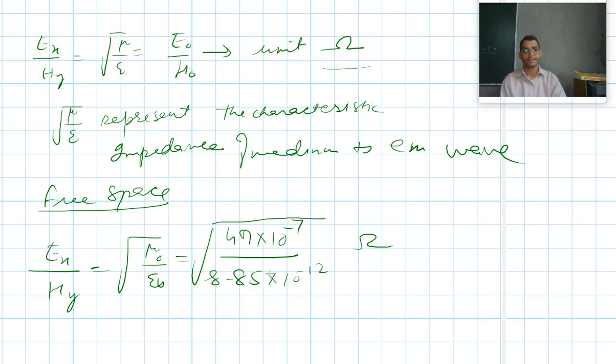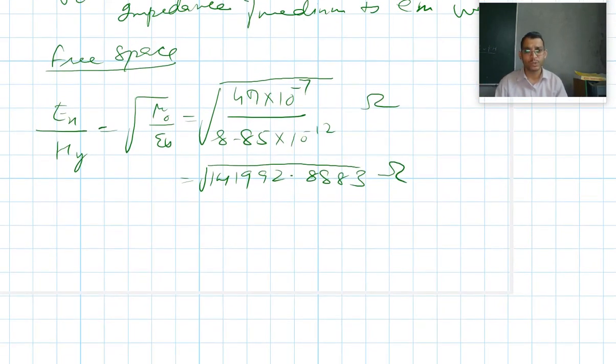Putting the values, this will be equal to root of 141,992.8883 ohm, so its value will be 376.8 ohm, or nearly equal to 377 ohm.